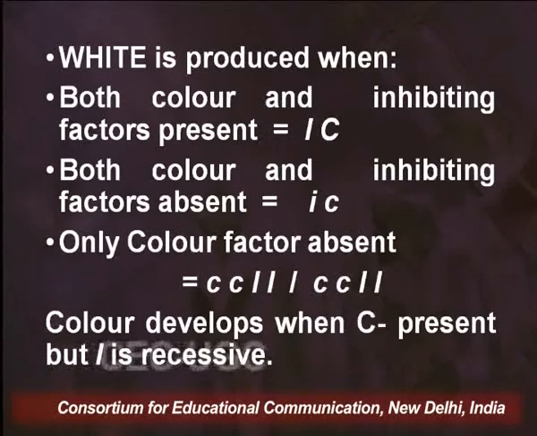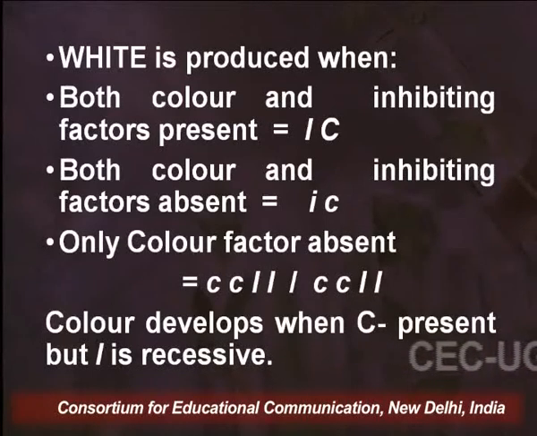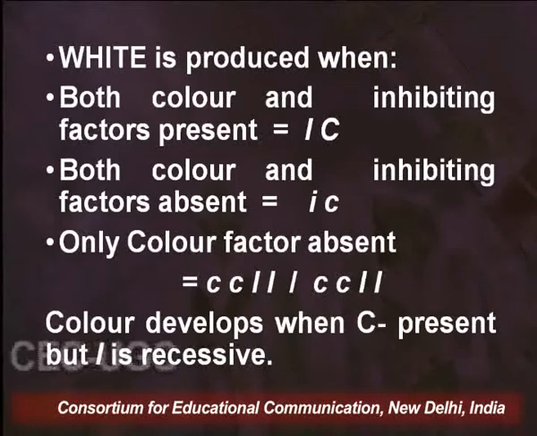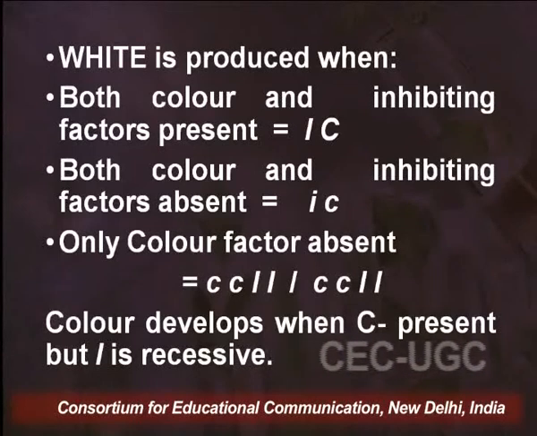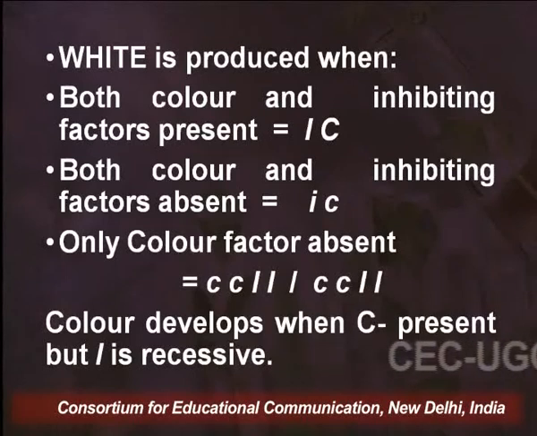Either both color and inhibiting factors are present. So, that means the genotype should have at least one capital I and one capital C, or a second situation would be that both the color and the inhibiting factors are absent. So, if there is small i and small c, how can color be produced, because there is no capital C?